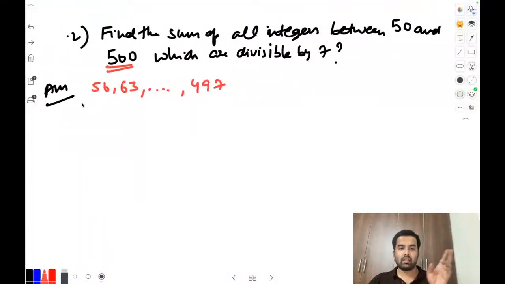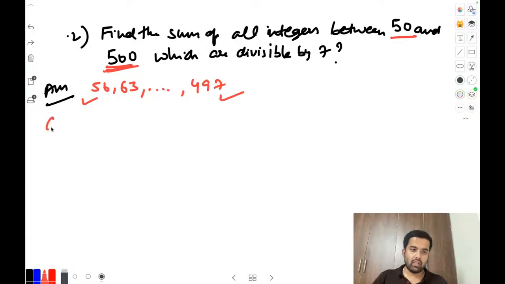If you'll see the range 56 to 497, it is in the middle of 50 and 500, and all are divisible by 7 only. So now write the values. A value becomes 56. Gap is what? 7. Last term is what? 497. Question is asking about find the sum, correct?